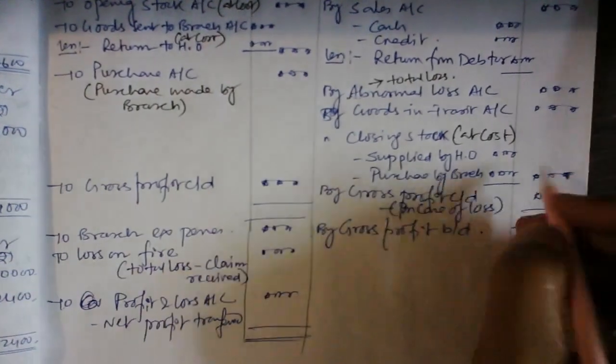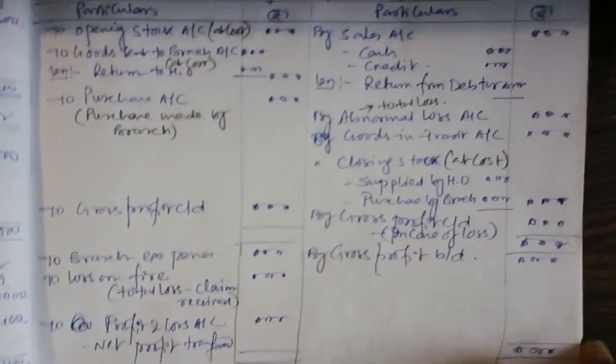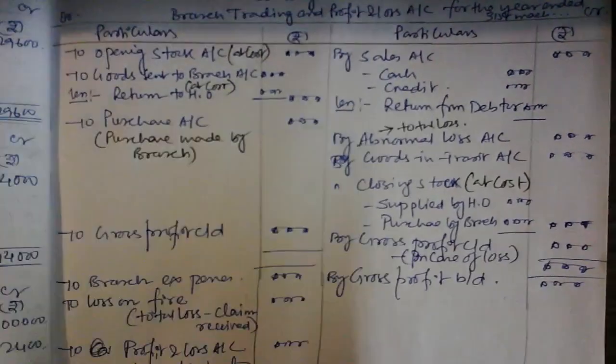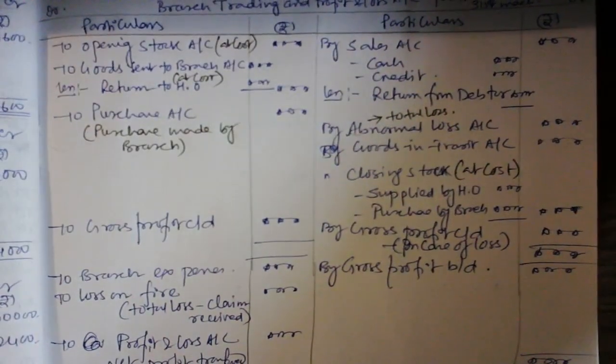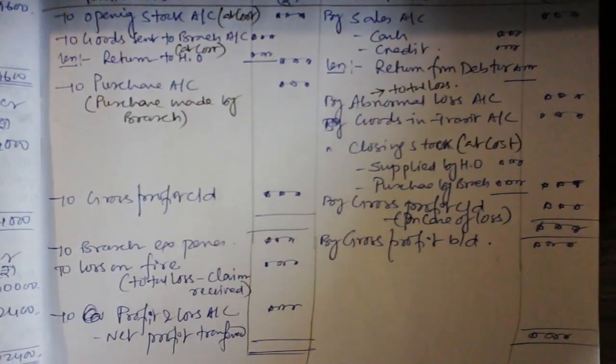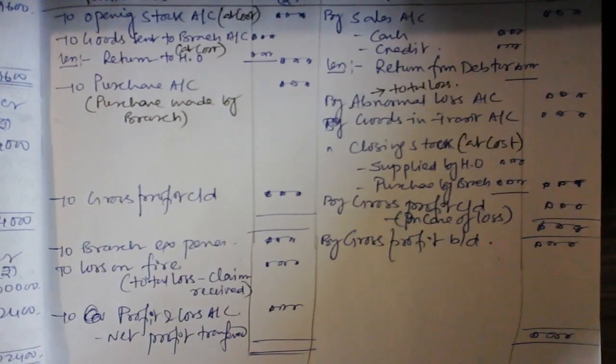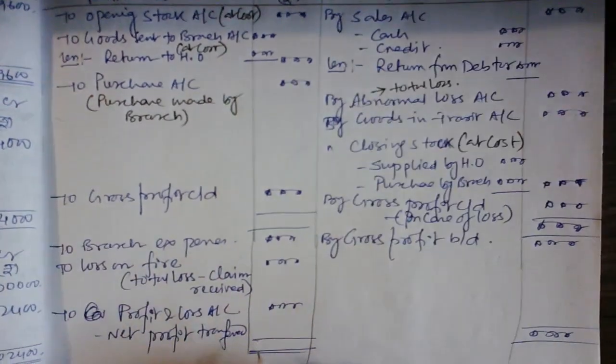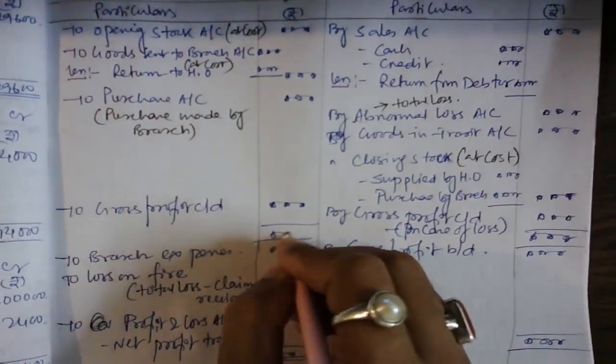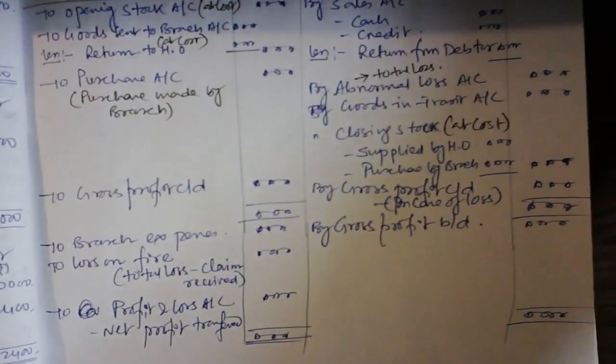Done, sir. Completed. This is the format we have. Please note it down quickly. So very easy. The way I did it is nothing but a simplistic way of presenting the final accounts.